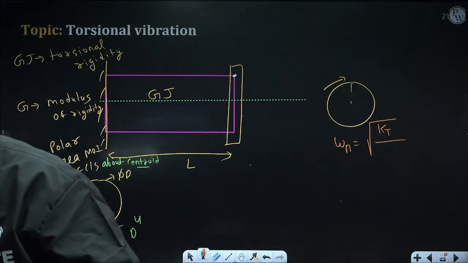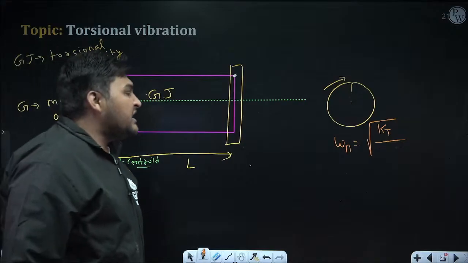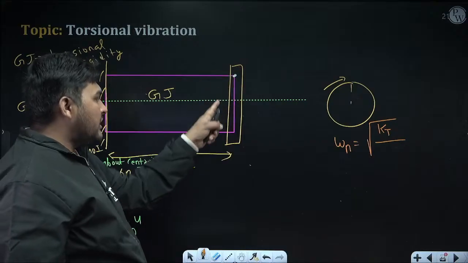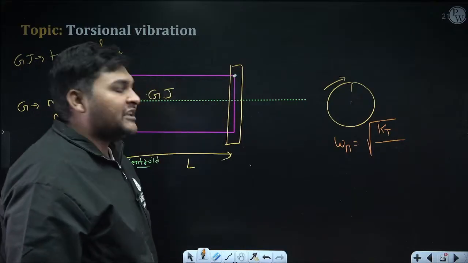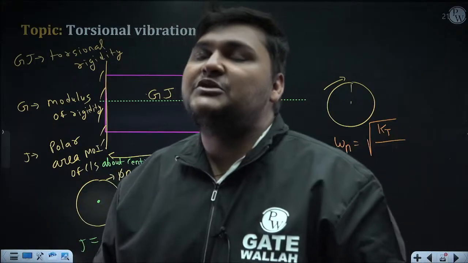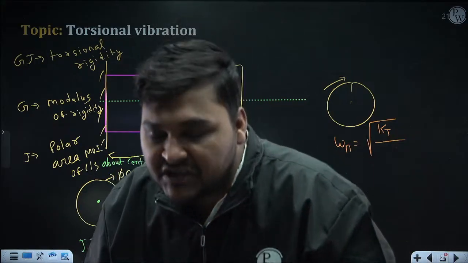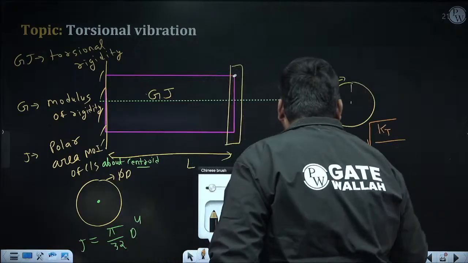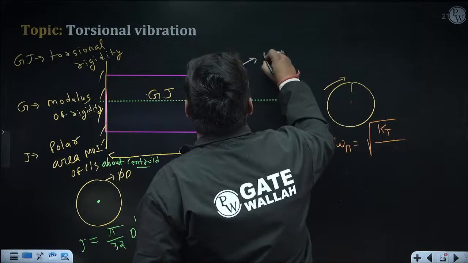But here one more difference will come. Instead of mass, which is the inertia of this rotor, because this mass is not vibrating with linear motion but with rotational motion, the mass moment of inertia of the rotor will come into the picture.